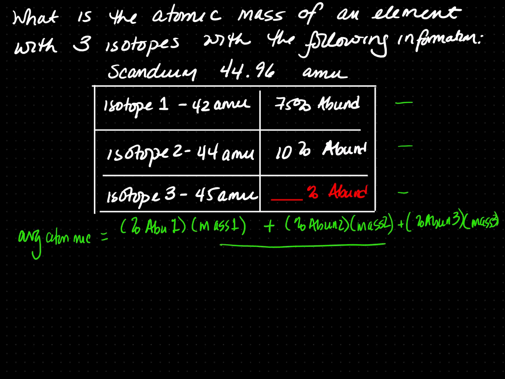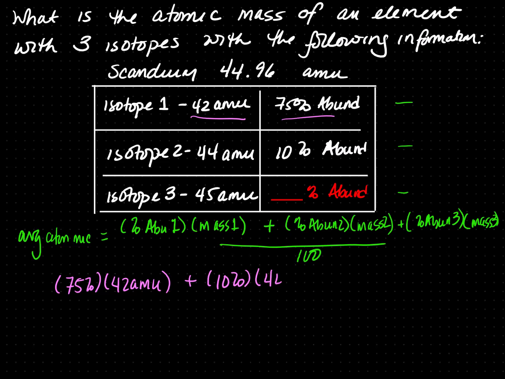So now I'm going to plug in. For isotope 1, the mass is 42, and the abundance is 75. So this is going to be 75% times 42 AMU. For isotope 2, it's going to be 10% times 44 AMU.